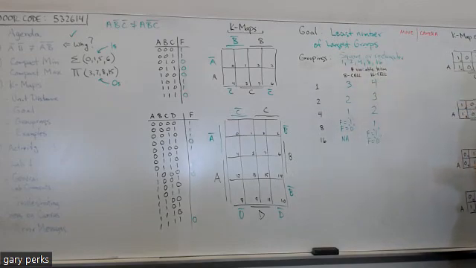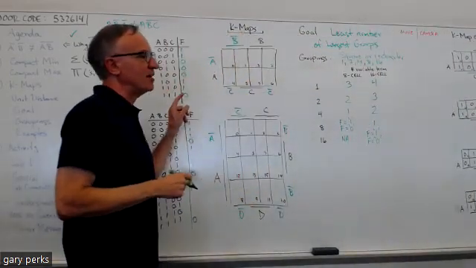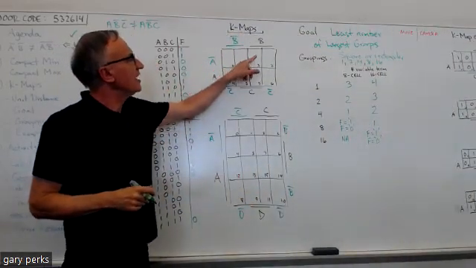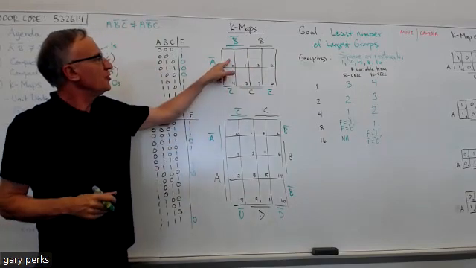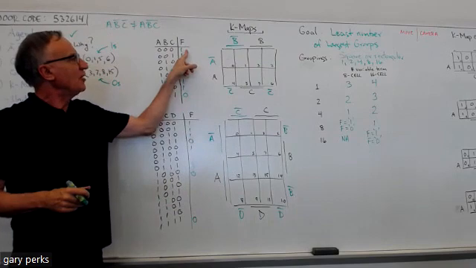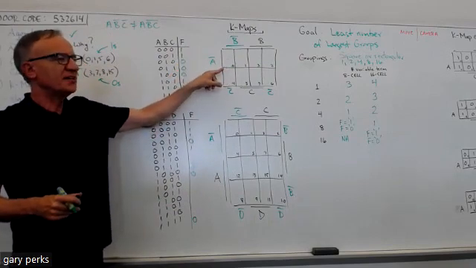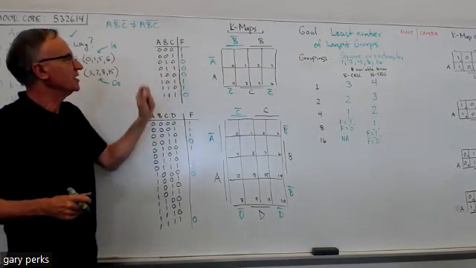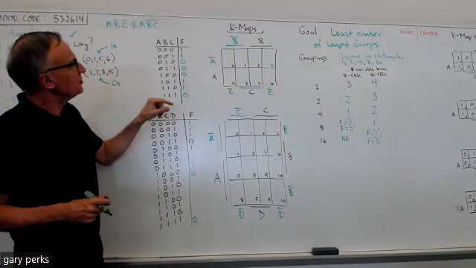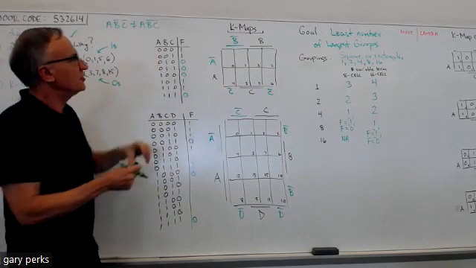The other thing I want to show you before we get to the examples is how you fill in a K-map. Okay, so we have these cells, and when we fill in the K-map, we put into each cell the output that goes with that index, the output that goes with the binary input it's associated with. Looking at this truth table, for an input of 0, the output is a 1.